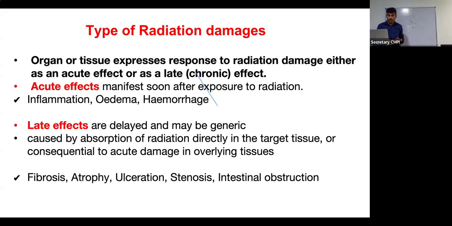Cancer is actually a late effect, not an acute effect. The only definition of a late effect is that it happens after a certain latent period. It can be stochastic or non-stochastic; it can come in both ways.